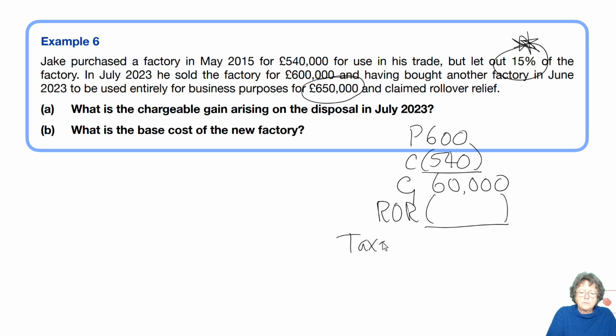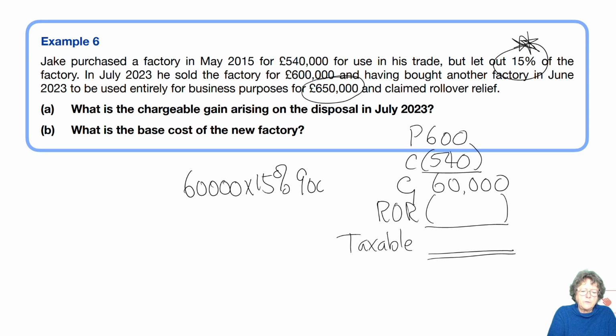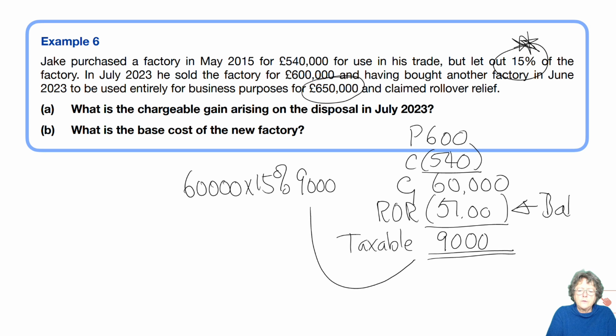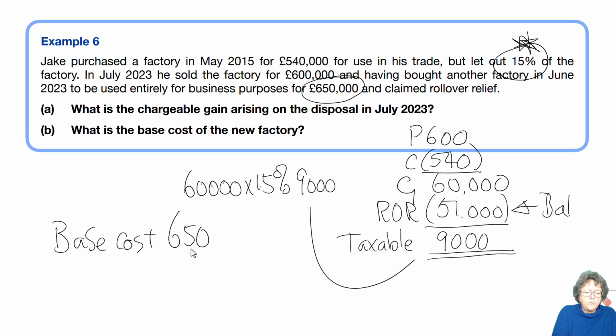Taxable: £60,000 times 15% is £9,000, and that is what he has to pay tax on, which means this again is a balancing figure of 51,000, making the base cost of the building 650 minus the 51, which is 599.